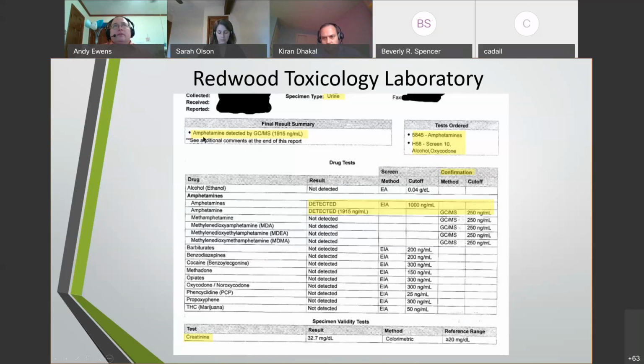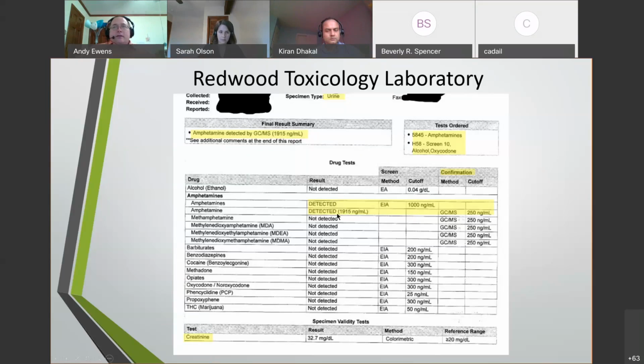Here the results are, they're saying amphetamine was detected using GCMS at 1915 nanograms per milliliter. And down here, they kind of break it down into results for the screens and for the confirmation. So here you look at the screen. The results are all non-detected for everything except for the amphetamine.